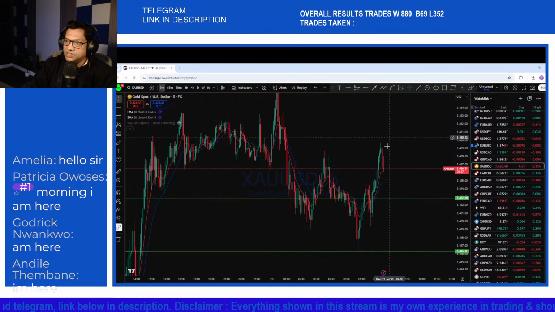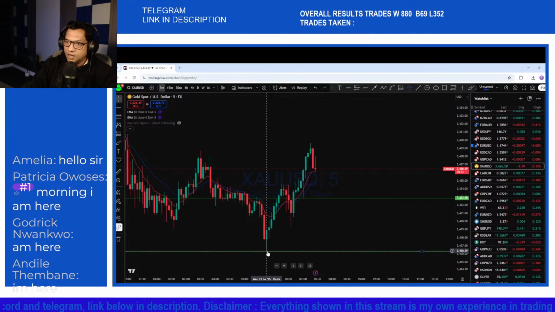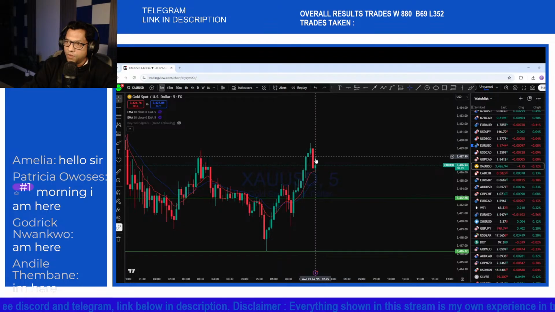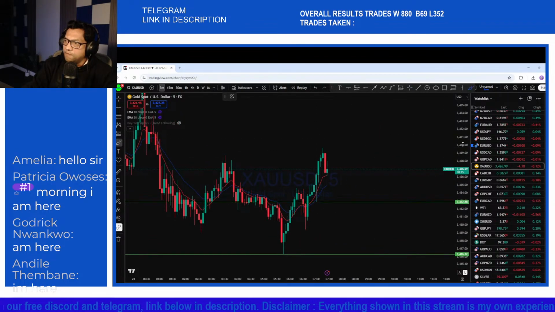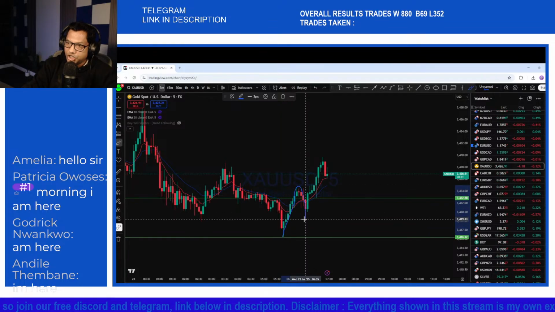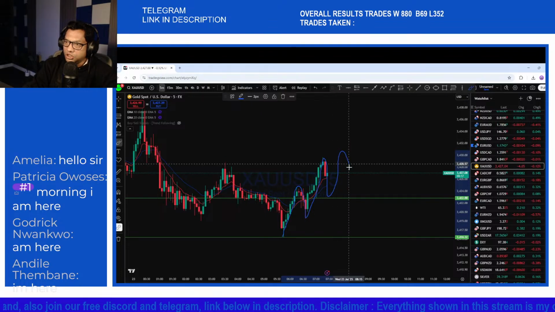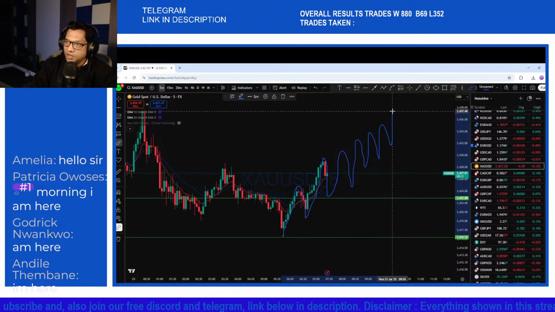So this is the pullback here, where a bigger move was followed by a deeper correction, then another move followed by another deeper correction. So there are two important moves that you can see, a move followed by a correction, another move followed by another correction. We could see the market trend in that way, potentially to create a new higher high in this market.